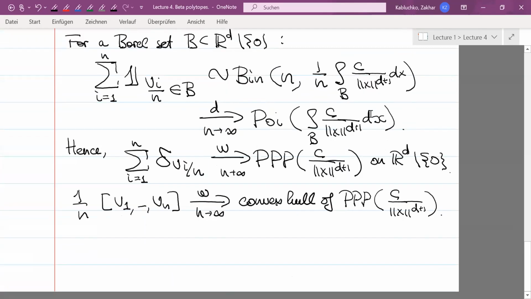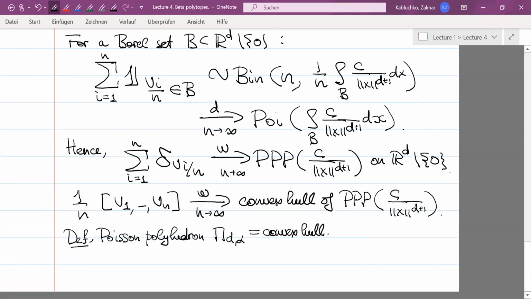So we can define the Poisson polyhedron, let me call it P_{d,alpha} with parameter alpha, d is the dimension, as the convex hull of a Poisson point process with intensity, well, let's say 1 over the norm of x to the power d plus alpha. Alpha is a parameter.